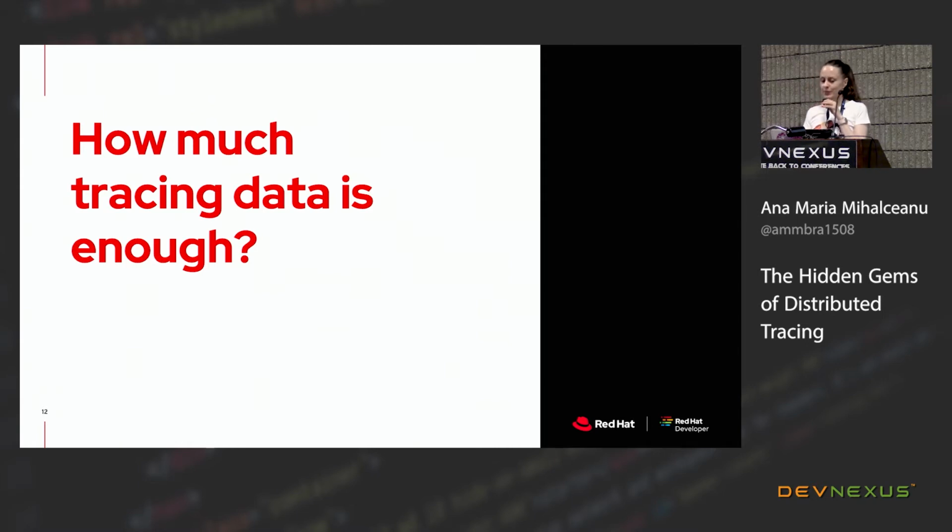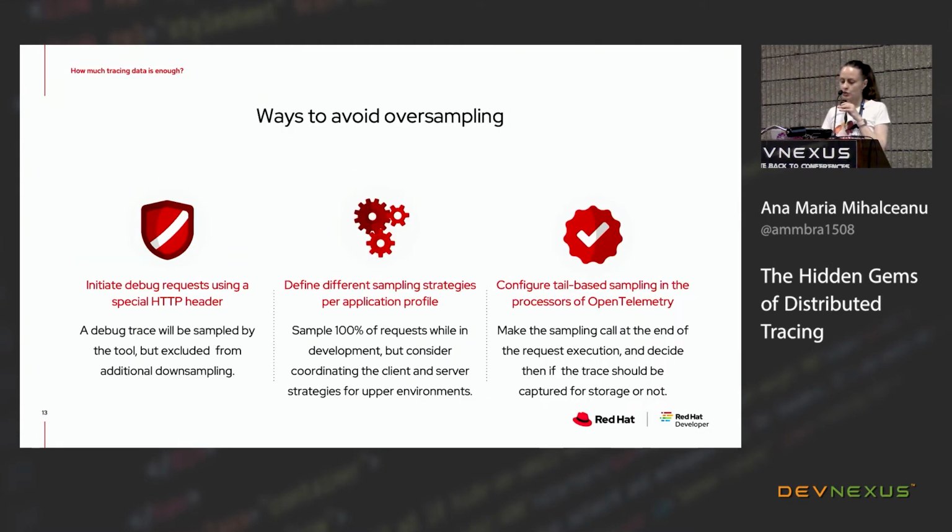So how much tracing data is enough is a question that has come to the mind of people who have been working with distributed tracing for some time. How can we tailor this even better so we get only what we need, and not spend a lot of time mining this data to understand what's going on? So, ways to avoid oversampling, because sampling is the technique we use when trying to get information about our distributed transactions.